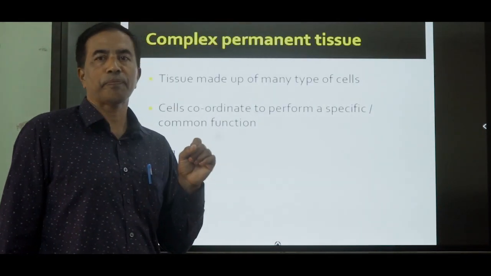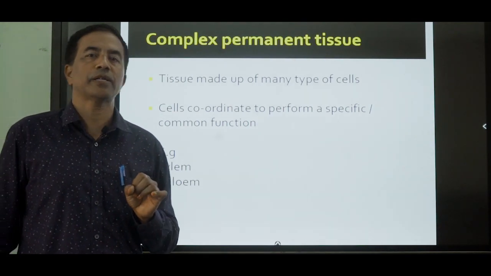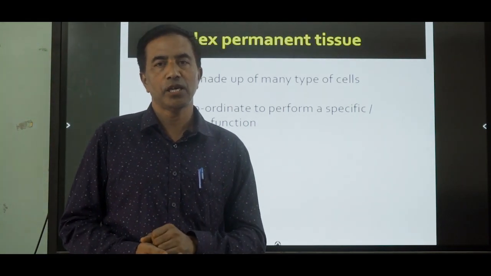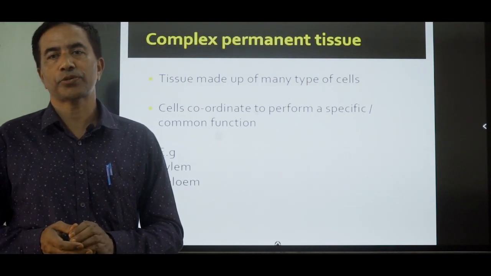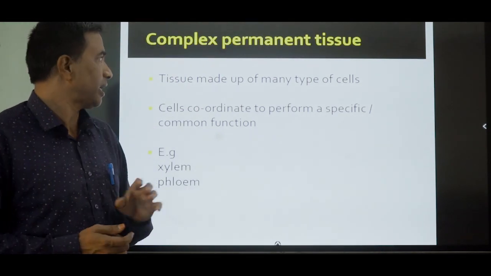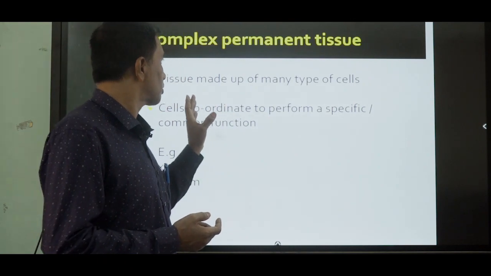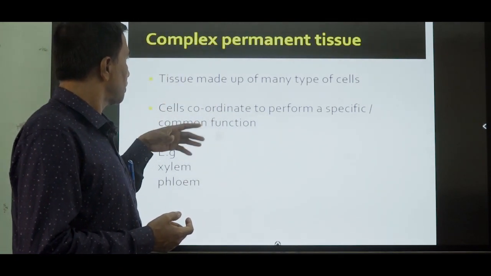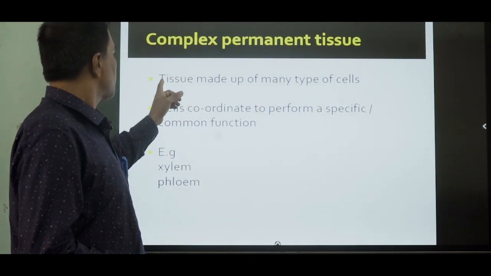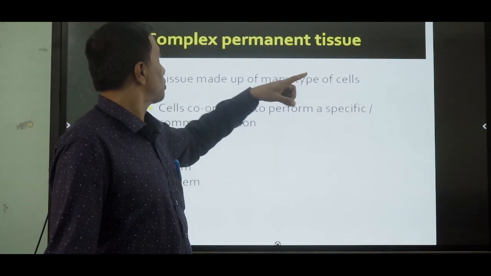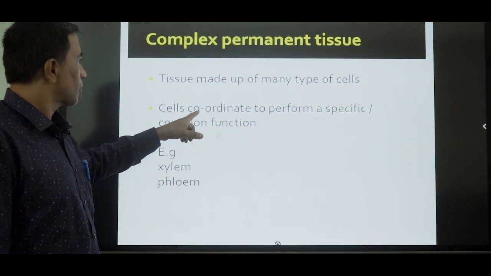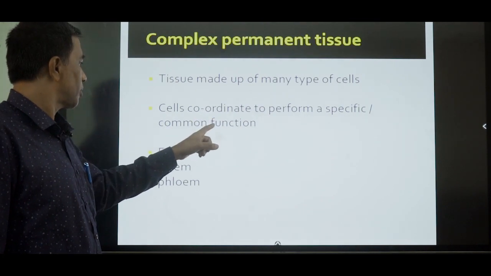Complex means it is made up of different types of cell, so it is called complex. Examples of complex permanent tissue are xylem and phloem. Their main function is conduction, so they are also called conductive tissue. Cells coordinate to perform a specific common function.